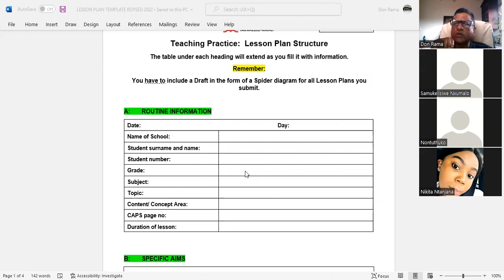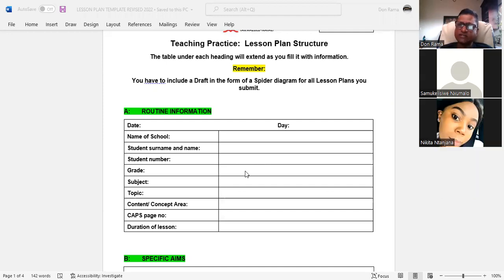Now, in a school situation, you have grade 10A, 10B, 10C. So you need to put down exactly which grade you are teaching in. If you're teaching in grade 10B, you must put 10B there. What subject are you teaching? So here, if you are teaching mathematics, you will put down mathematics. What topic are you teaching?